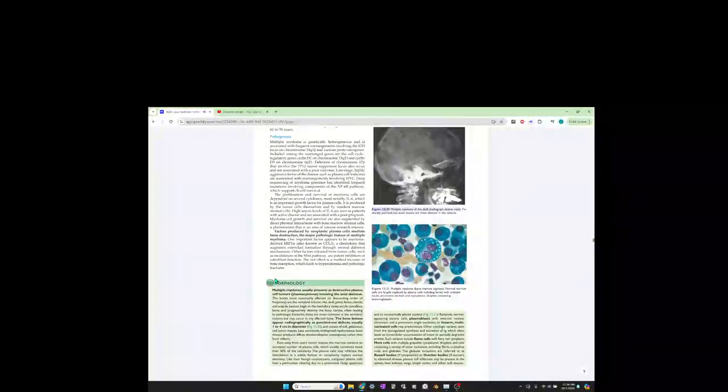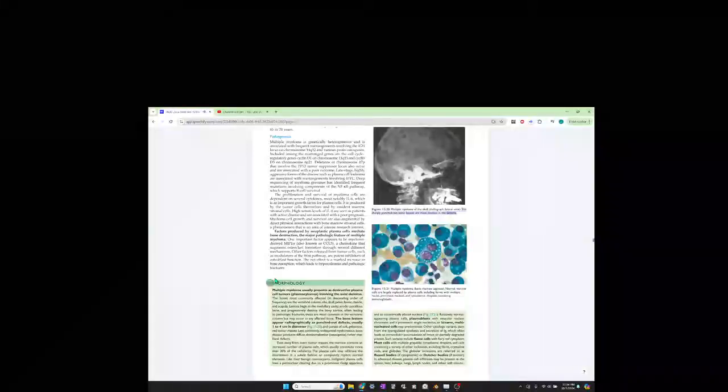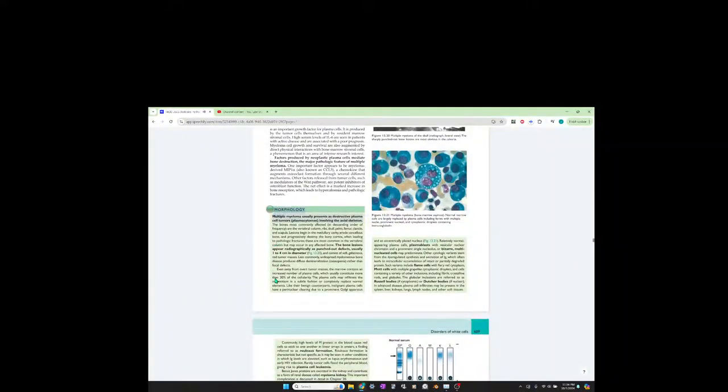Figure 13.20. Multiple myeloma of the skull. The sharply punched-out bone lesions are most obvious in the calvaria. Morphology. Multiple myeloma usually presents as destructive plasma cell tumors involving the axial skeleton.